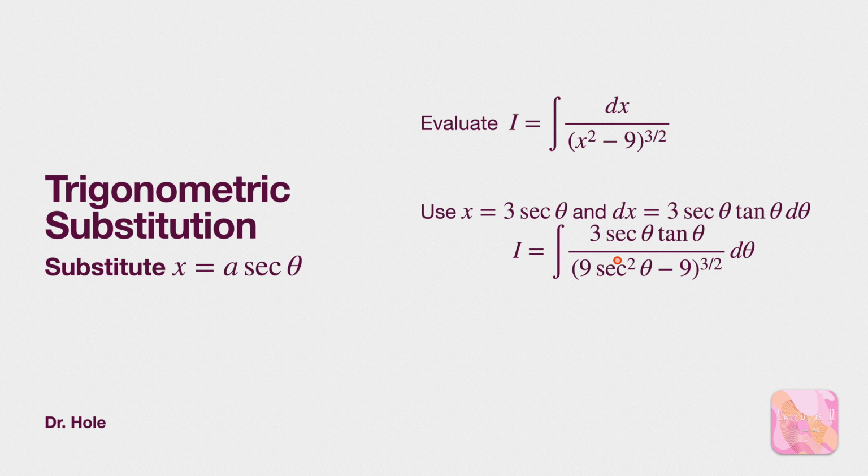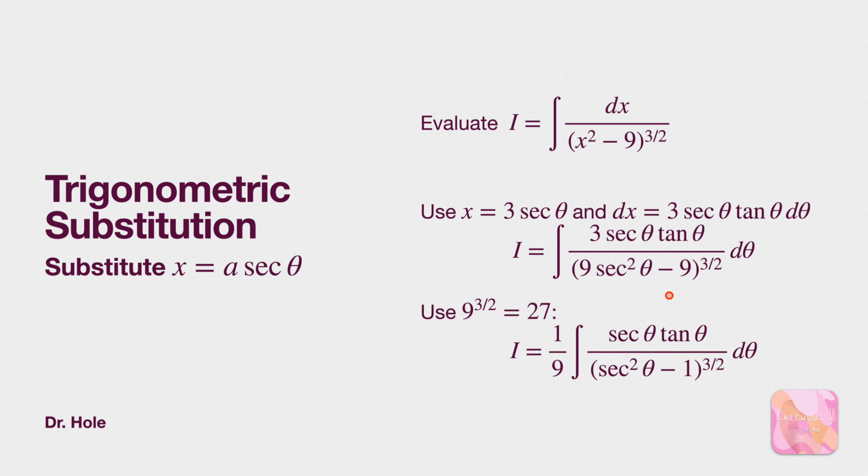Plug in through the denominator. x squared becomes 9 secant squared theta. And minus 9 is minus 9. The Pythagorean identity is going to allow us, but first let's do some algebra. If we take 9 and raise it to the 3/2, that's the square root of 9, 3, to the power 3 gives us 27.